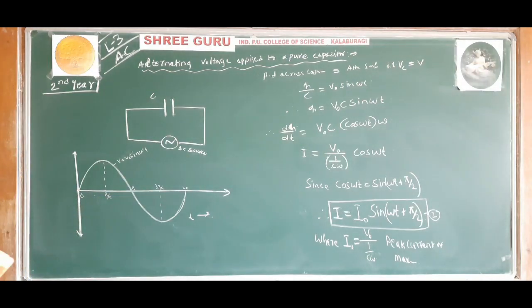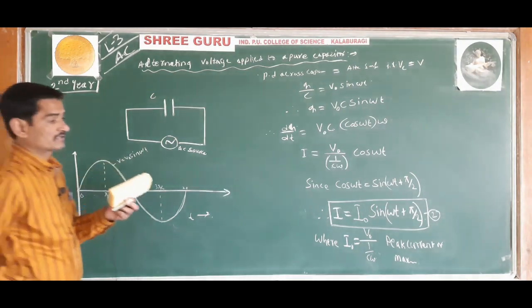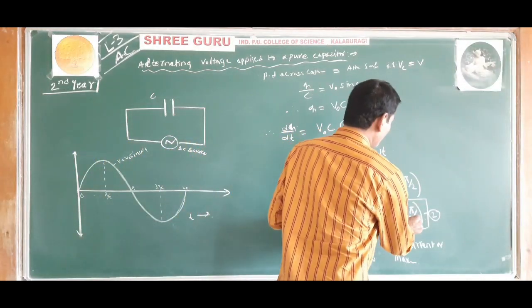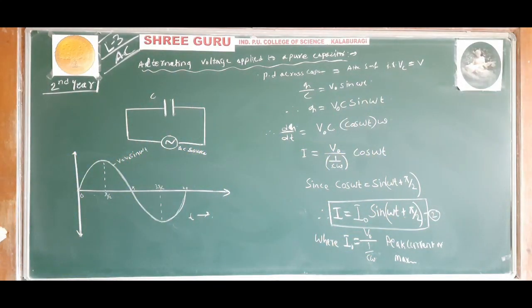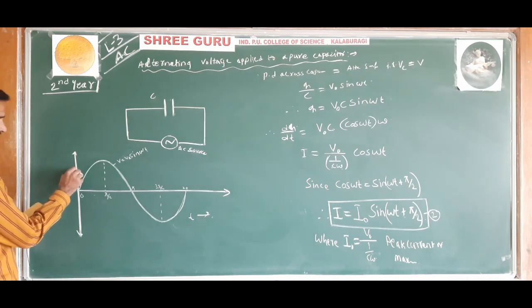Now the current is ahead of the voltage by an angle of pi by 2 in a pure capacitive circuit. So the current has to be ahead, not behind. It will start from here, so I will draw the diagram like this.